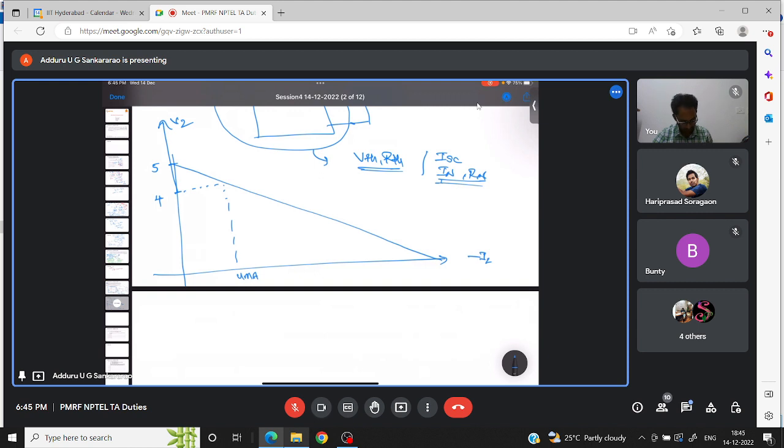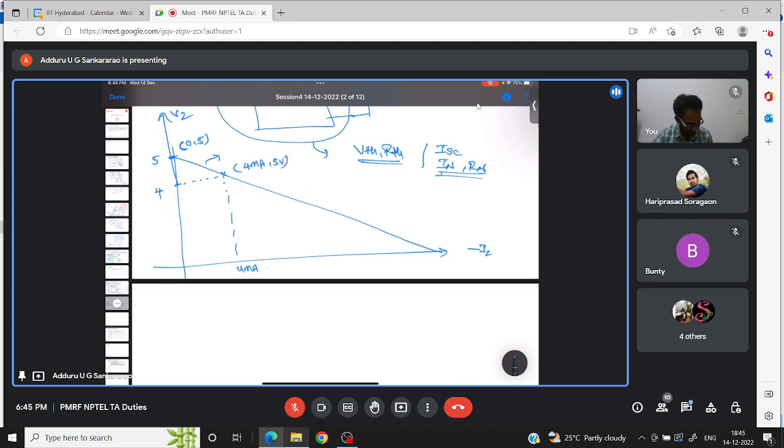We have two points on the line, so we can get the line equation. This is (0, 5), and this is (4 milliamps, 5 volts). I think somewhere here it will touch at 20 milliamps, (20 milliamps, 0). We try to find the slope of this.